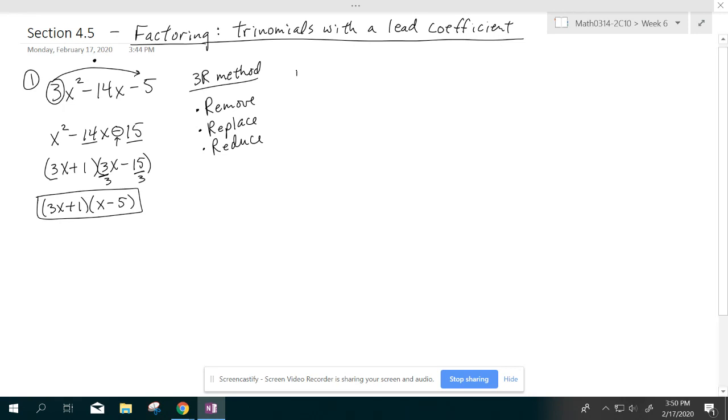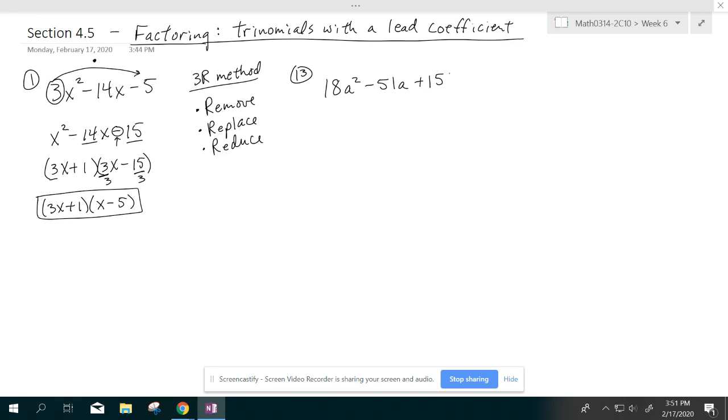Number 13. And the instructions say factor. So how many terms are there? 3.